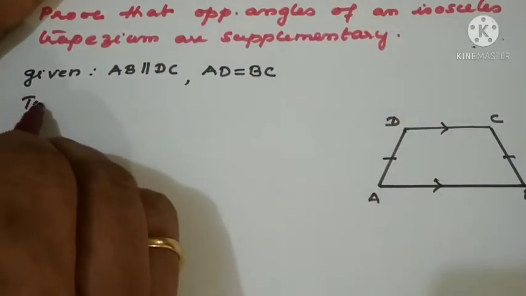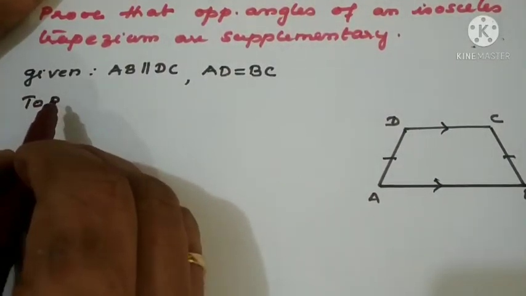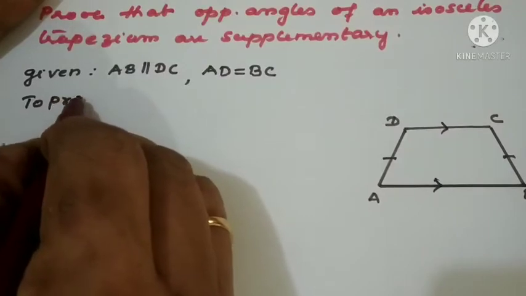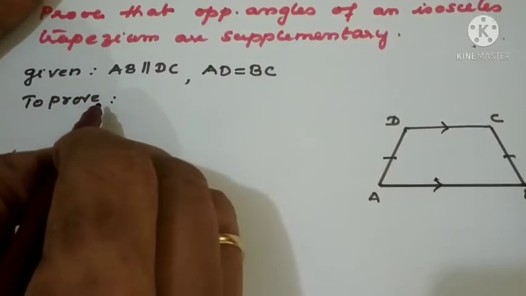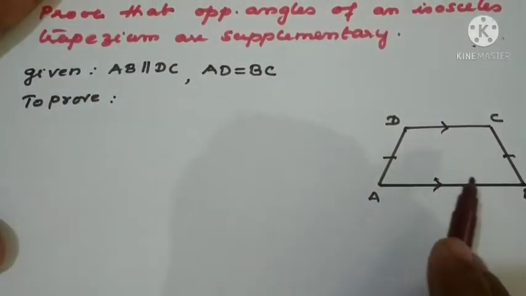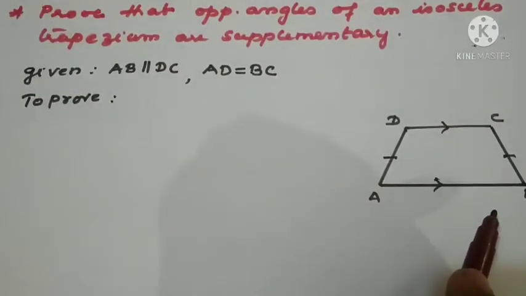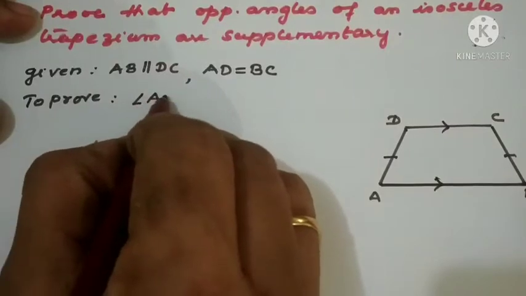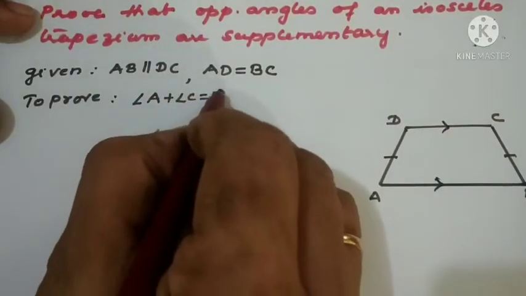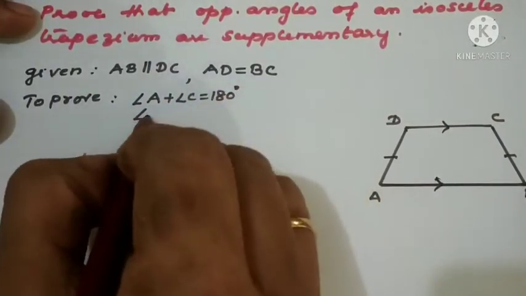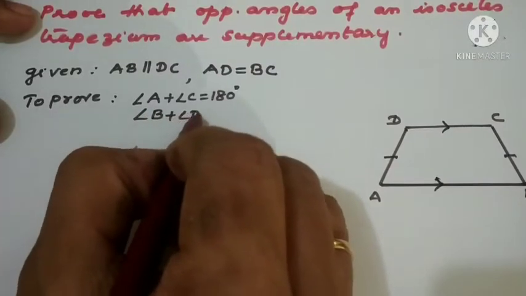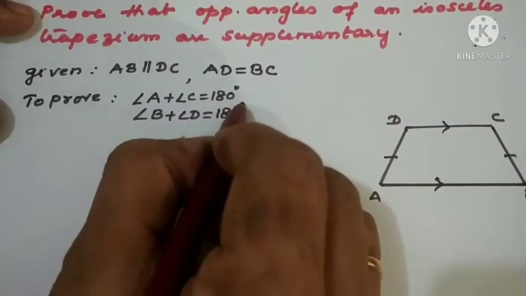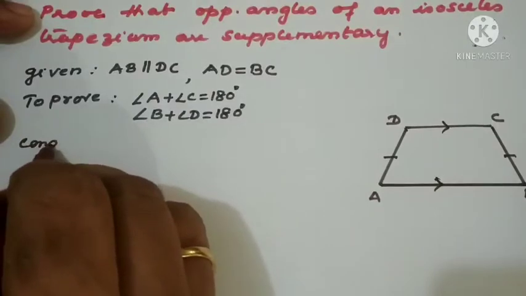To prove: opposite angles of an isosceles trapezium are supplementary. Which are the opposite angles? Angle A and C, and angle B and D only. So what can we write? We have to prove that angle A plus angle C equal to 180 degrees, and angle B plus angle D equal to 180 degrees. Here a construction is required.